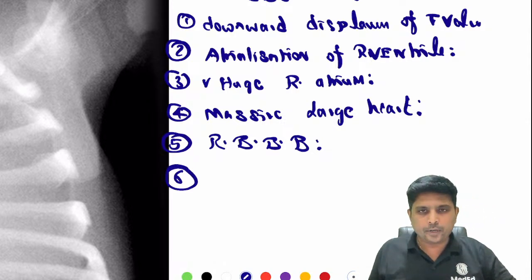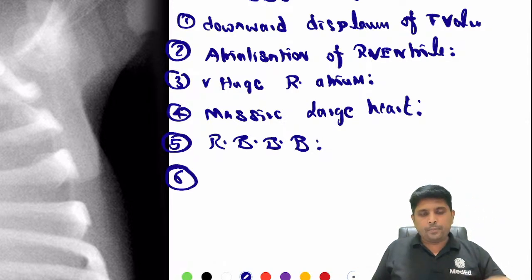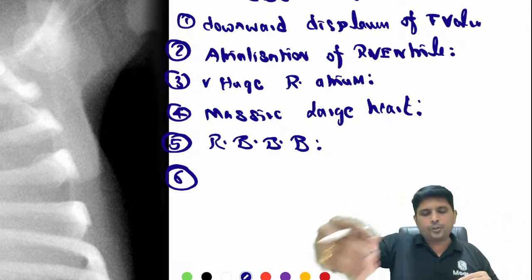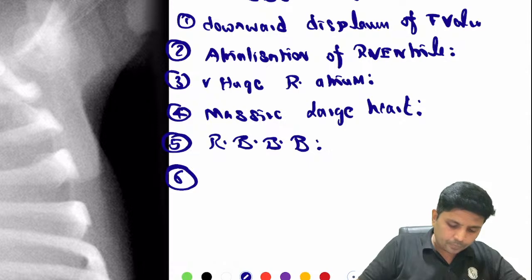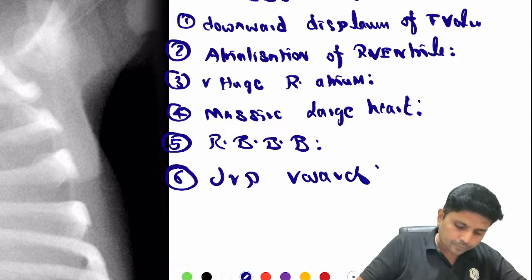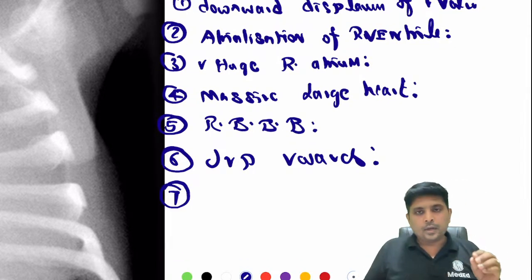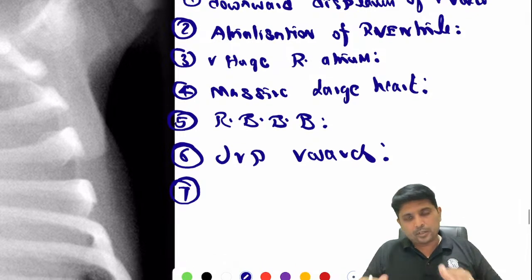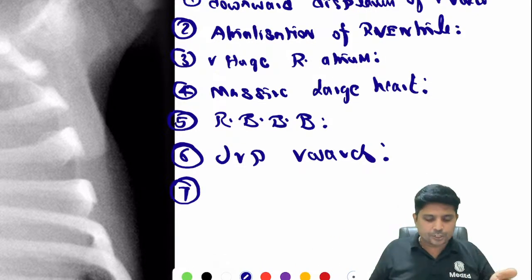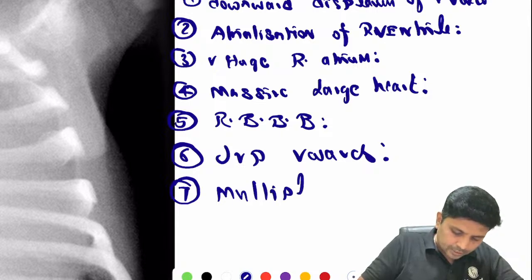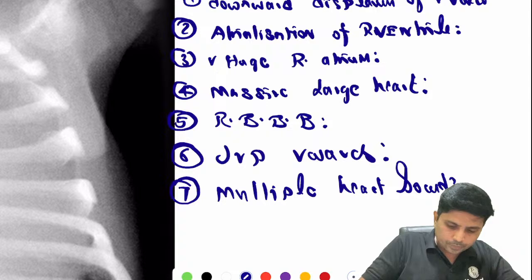And because the right atrium is slowly leaking blood into the right ventricle, you have prominent V waves in the JVP. Seventh point: because of the tricuspid regurgitation and right bundle branch block, you have multiple heart sounds, S3, S4, everything.